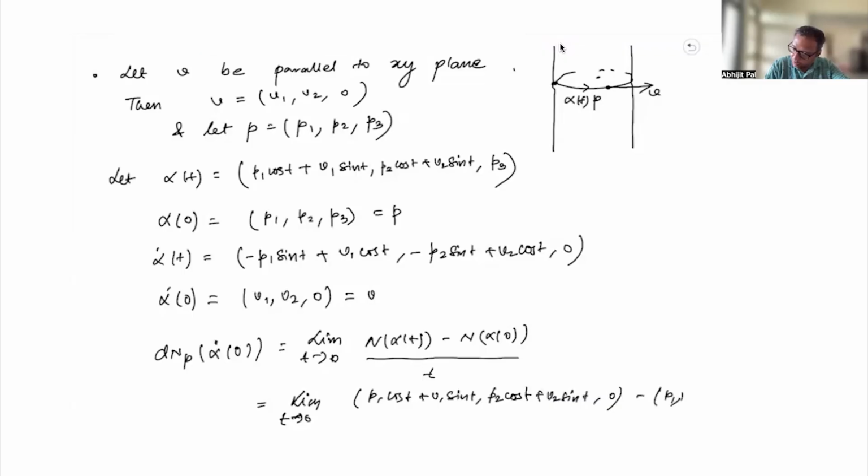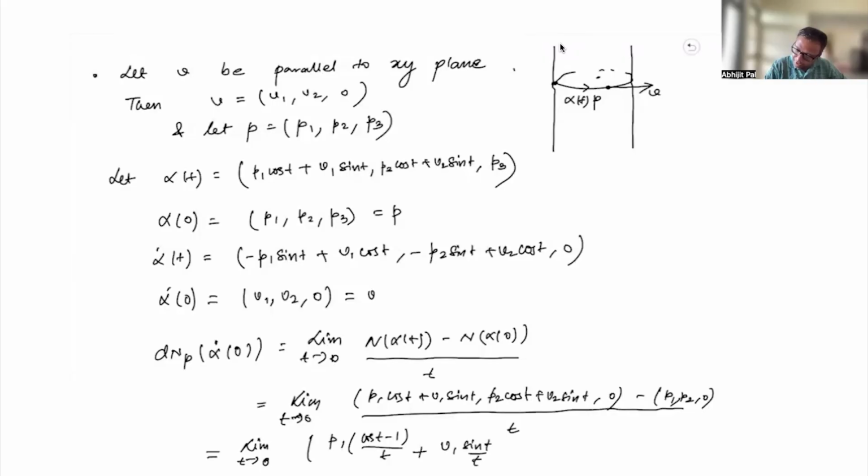It is (p1, p2, 0), whole divided by t. So this is equal to the limit as t tends to 0 of (p1 (cos t - 1)/t + b1 sin t/t, p2 (cos t - 1)/t + b2 sin t/t, 0).